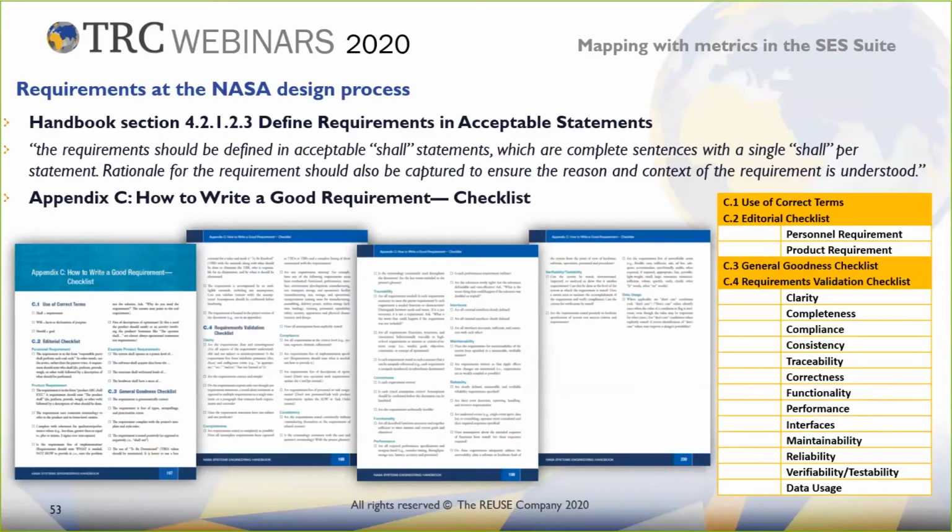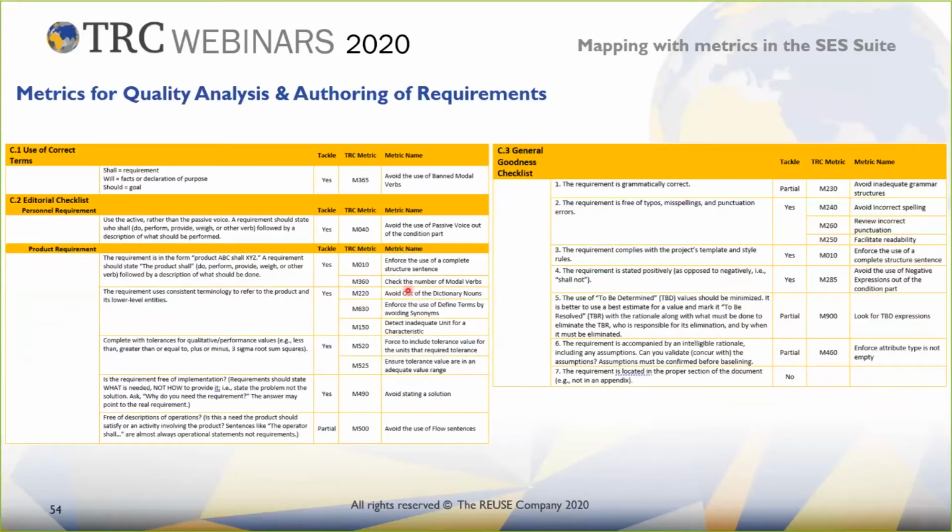So from the information coming from the handbook, we have extracted these characteristics and we have created a metric map, a mapping of metrics. So for each characteristic of the guidance, we can assign one metric we have created, and we have given these numbers.